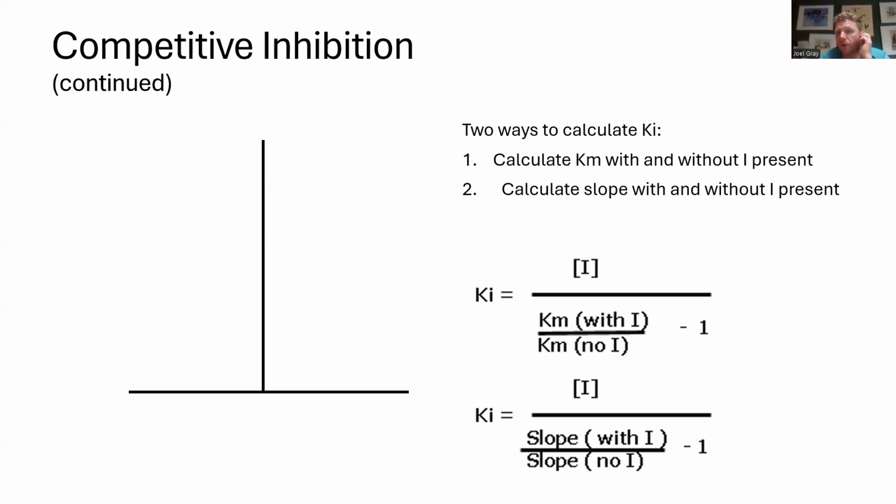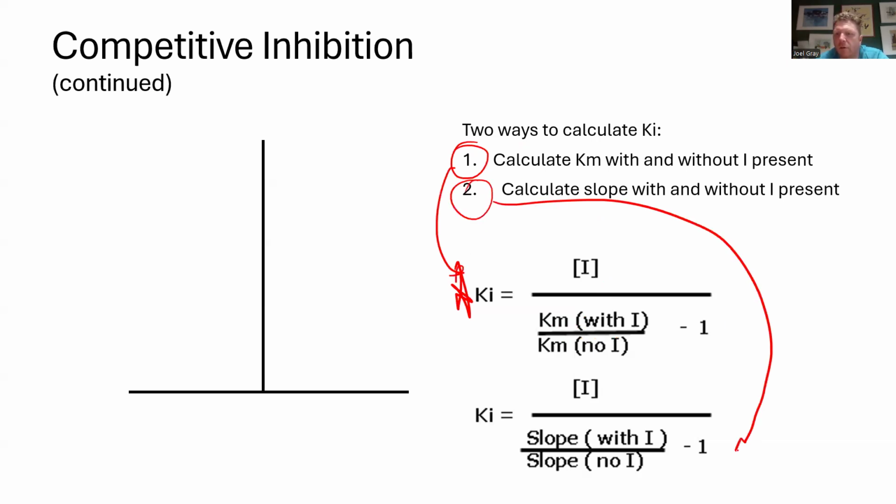Now, there are two ways to calculate Ki. What I would recommend doing, the easiest one to me, is this one right here. You take the concentration of your inhibitor, I, and you divide it by a ratio of your Km with the inhibitor and without the inhibitor, minus 1. So that's part 1 right here. Part 2, calculate the slope with and without the inhibitor present.